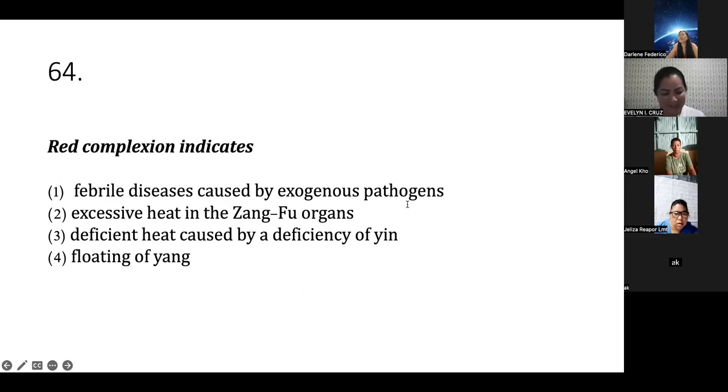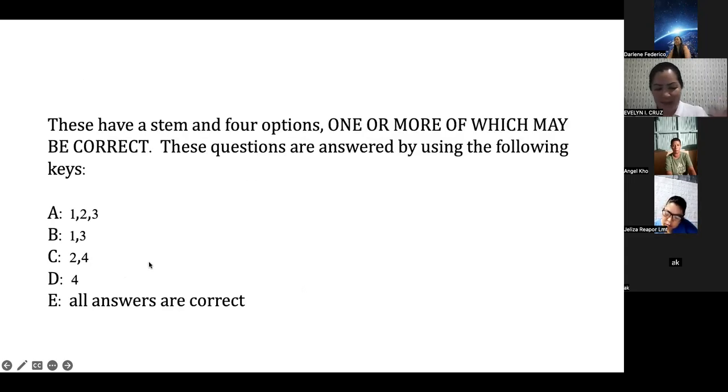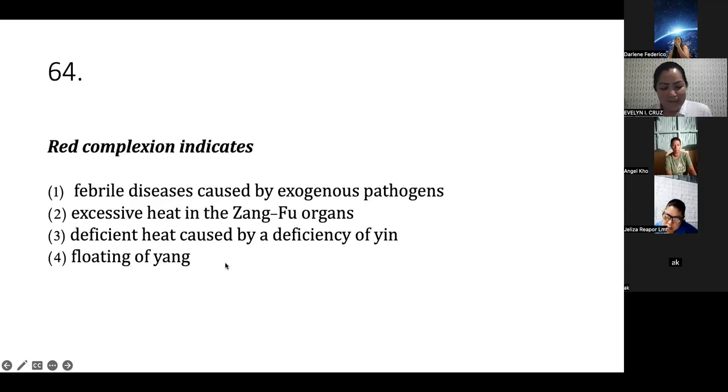64. Okay. Red complexion indicates febrile diseases. Do you know the instructions here? Yes po, Doc. Morse type. Yes, A, 1, 2, and 3, B, 1 and 3, C, 2 and 4, D, 4, E, all are correct. Okay.